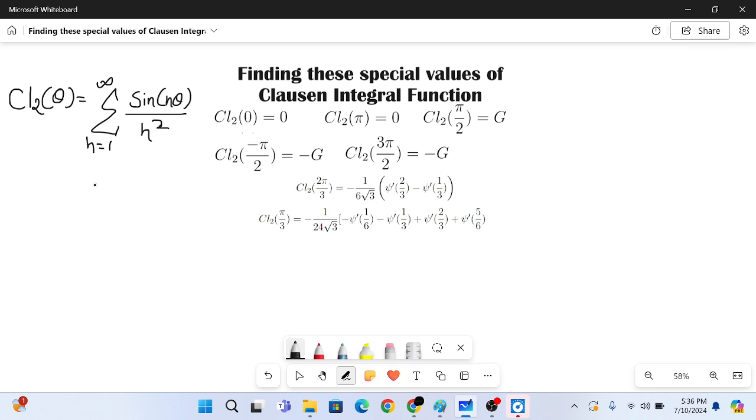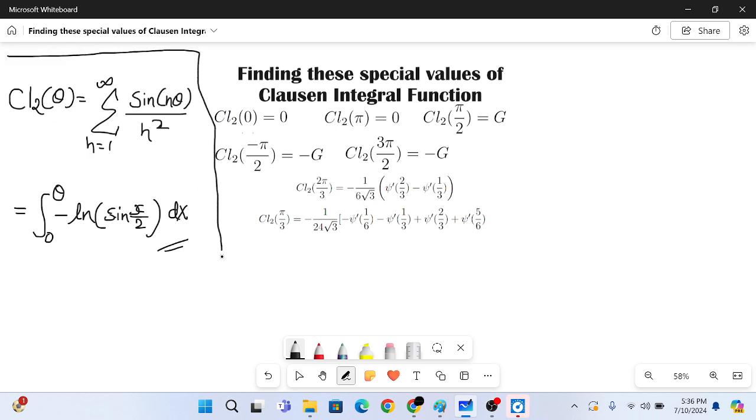Now, there is also an integral representation for this function, and this is a good one, so that's why it's also called the integral function, which is the integral from 0 to theta of minus ln of sine of x by 2 dx. So this is the integral representation for the Clausen integral function. Okay, if you know this, now we are good to begin our solution.